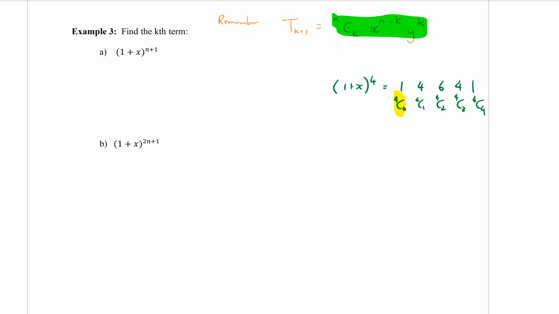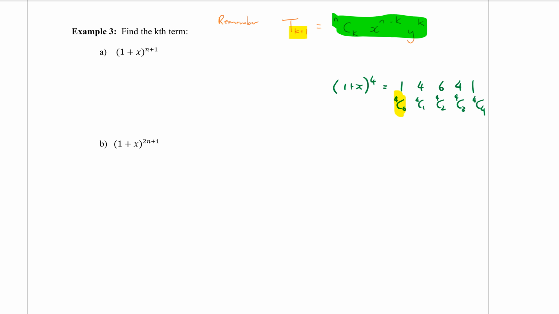This, where that k is, would need to be a 0. But I'm asking you for the first term, which is one bigger than that. So if there's a k here, it means it's the term k plus 1. So you'll need to write that down, knowing that that one is always going to be one larger.